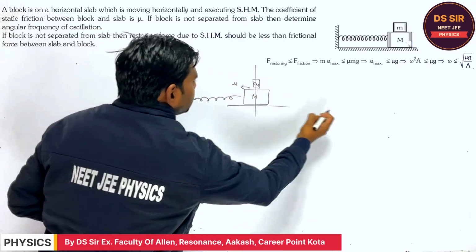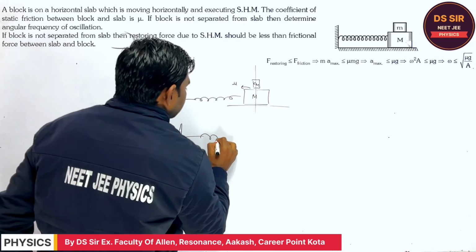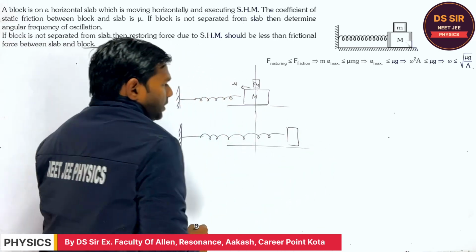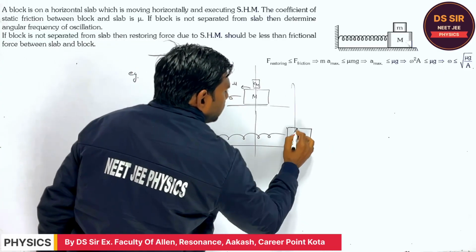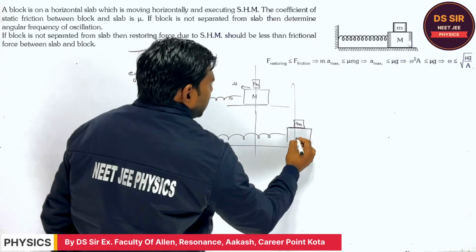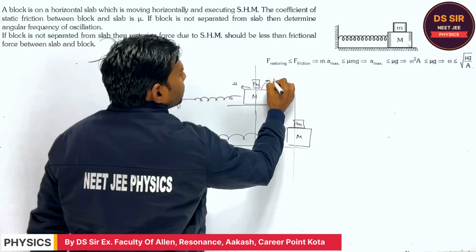Listen, if you stretch a little bit, suppose there is an elongation, and the amplitude is A, and this is the mass M. Tell me, what is the maximum friction available?